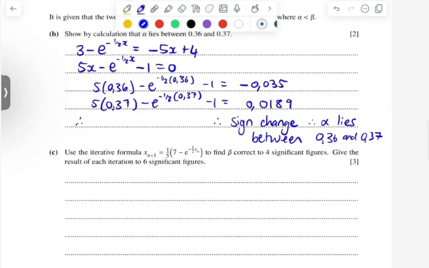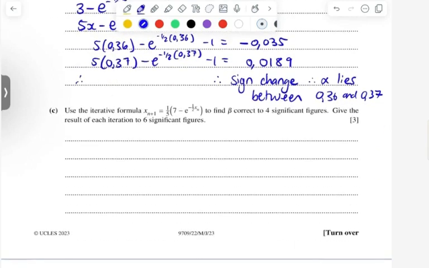Okay. Now, they say use the iterative formula, and they've given us an iterative formula. That's really nice of them. To find alpha correct to 4 significant figures. Give the result of each iteration to 6 significant figures. Okay, so we're just going to be doing our iterative formula now. We can literally use the formula that they've given us.